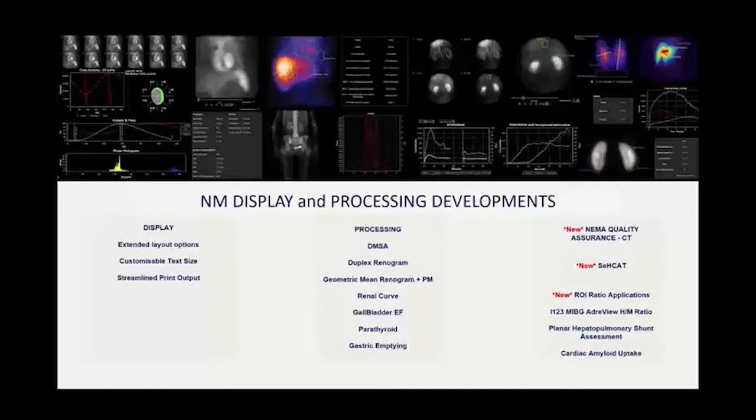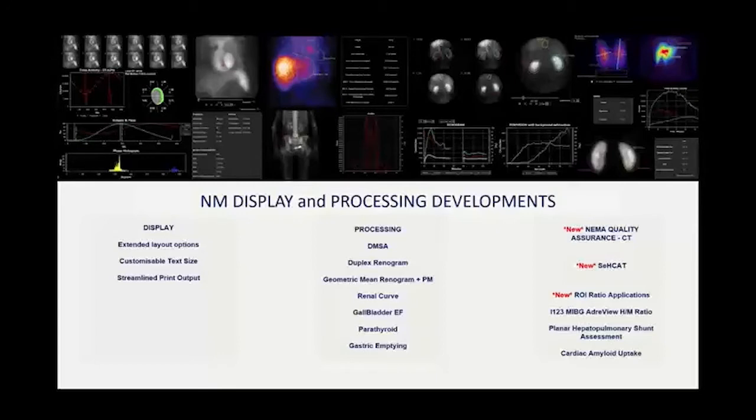Similarly, some of the new features coming are extensions to the applications themselves. For DMSA, we've got a lovely new Duplex renogram functionality, and the ability to do post-mic geometric means. So that's really nice, and I'm going to show you that. I mentioned we've also got some lovely new tools for you to play with.